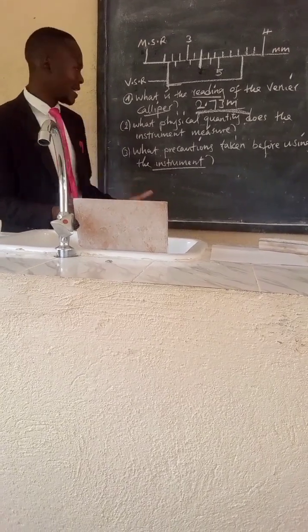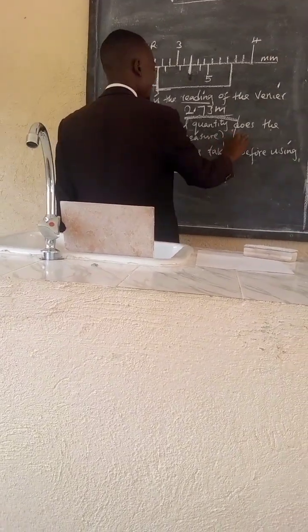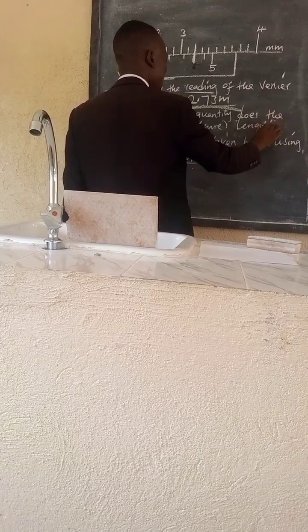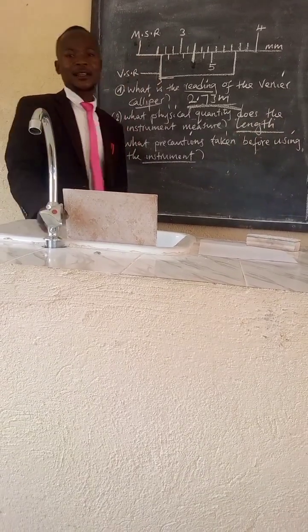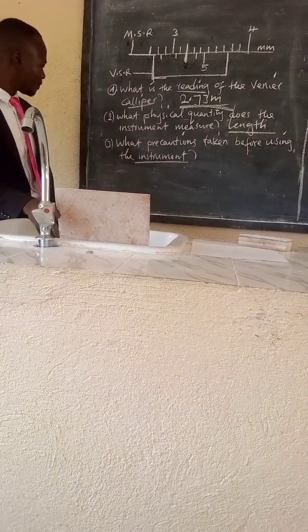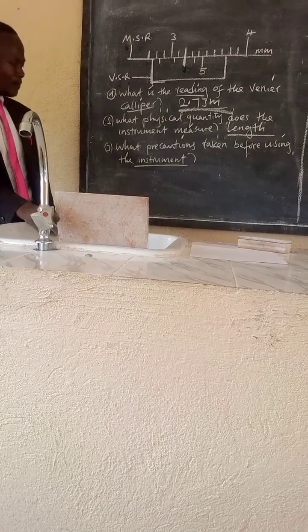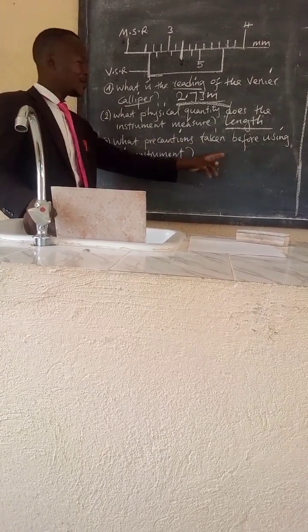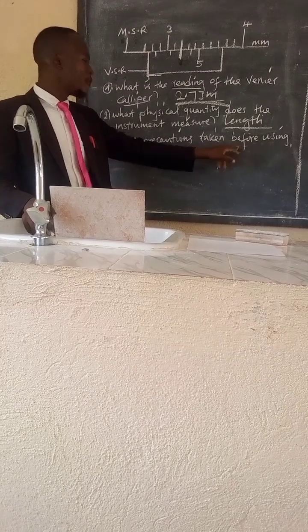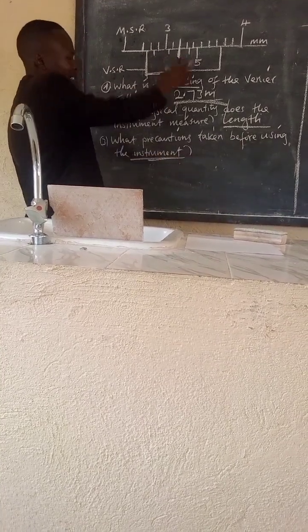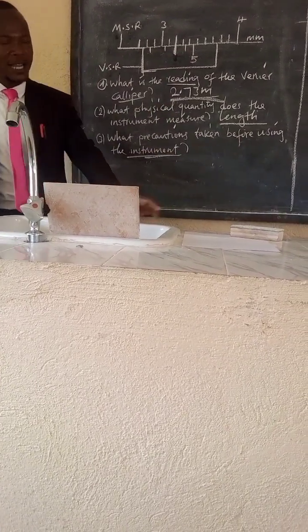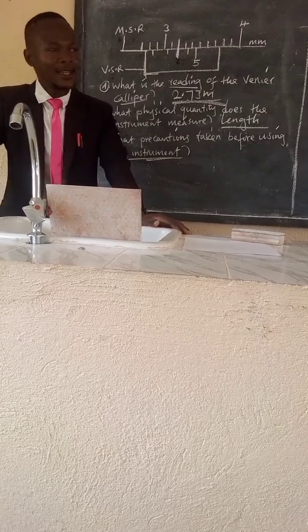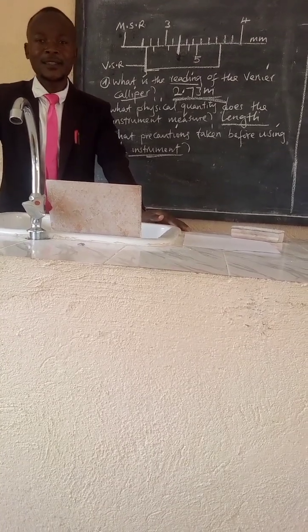So we can say it measures length. You can just put that it measures length. That's all. The last one says, what precautions are taken before using the instrument? What precautions are you supposed to undertake before using this instrument?